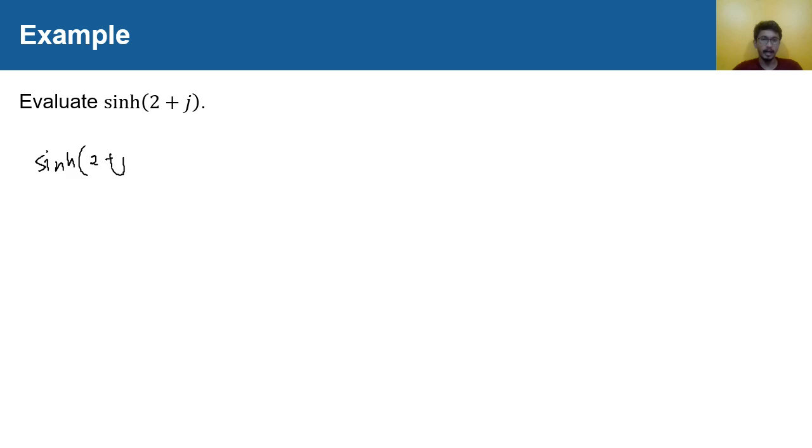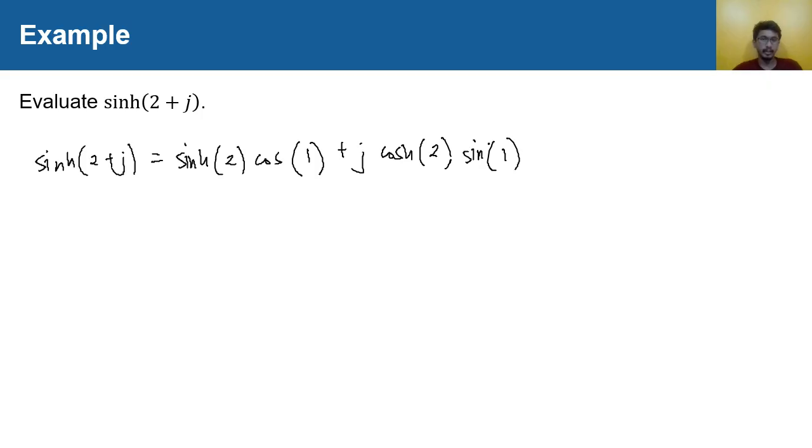So we now have sinh of 2 cosine of 1 plus j cosh 2 sine 1. That's equal to 1.1596 plus j3.1658.